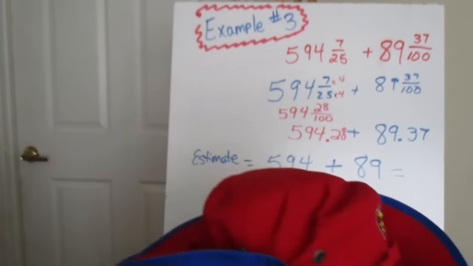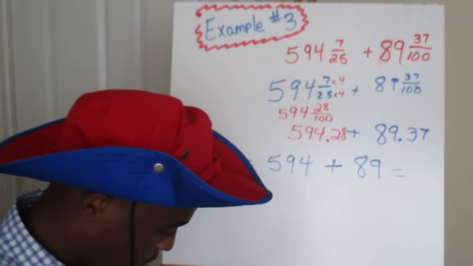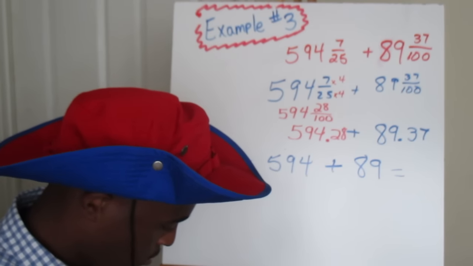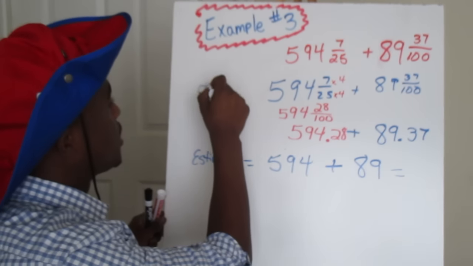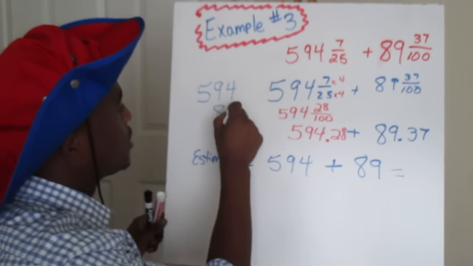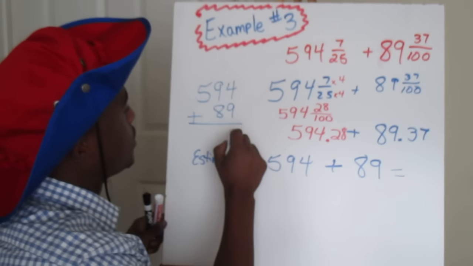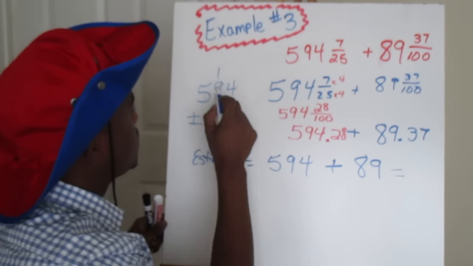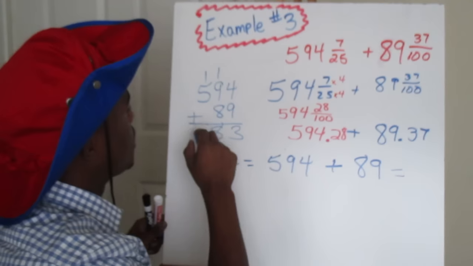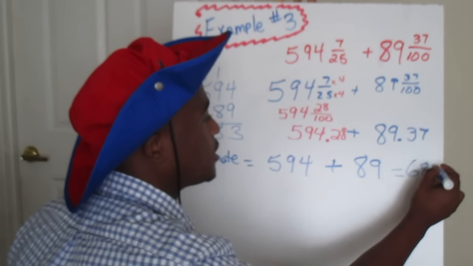When I estimate my answer, I'll get 594 plus 89. This will be 13, 10, 18, and 6. My estimated answer would be 683.